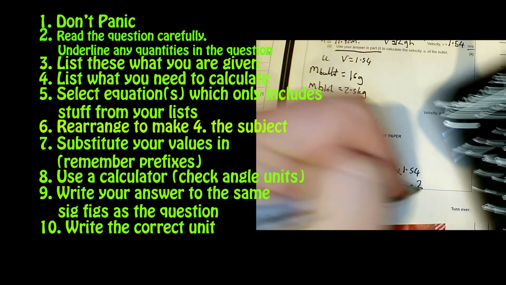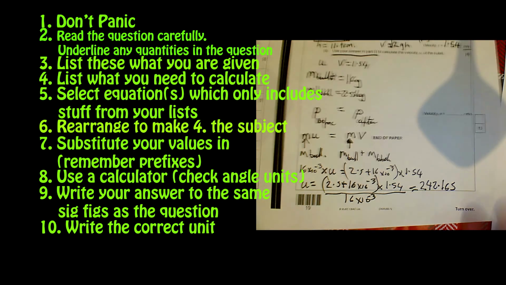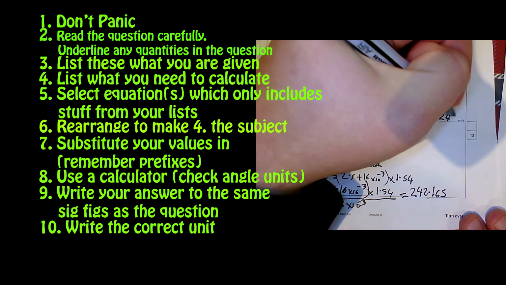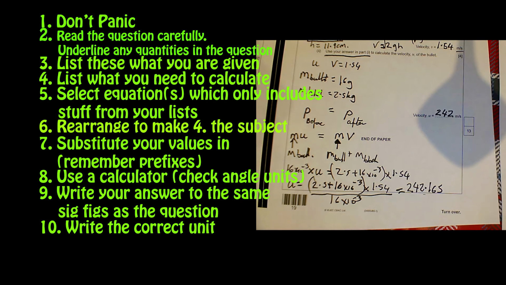That gives me a u of 242.165. Again, I'm only going to give this to 3 significant figures, 242. Always try to make sure answers make sense. 242 meters per second for a bullet: the speed of sound is around 340, so that's a good value for the speed of our bullet.